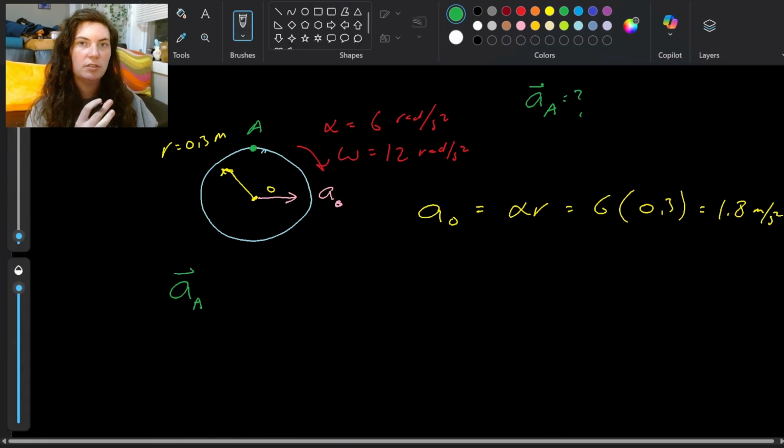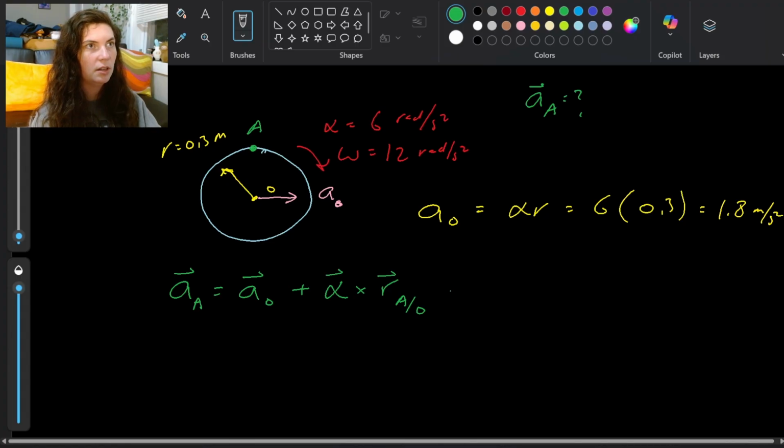I can use that relative motion setup that we had been using in our last video, where the acceleration of A is going to be the acceleration of O plus alpha cross product with the position vector of A with respect to O, minus omega squared times r of A with respect to O. If I start seeing what I've got here and plugging things in, I can find that vector from O to A. That's r of A with respect to O, and that's going to be 0.3 j hat.